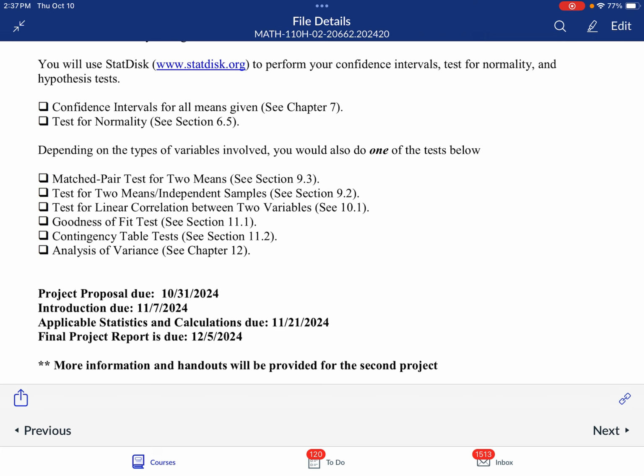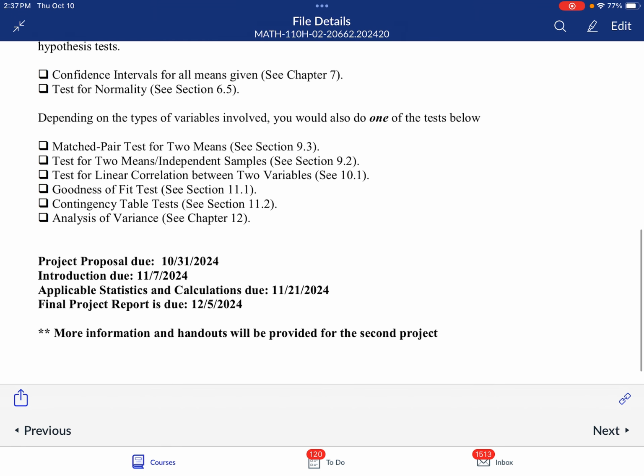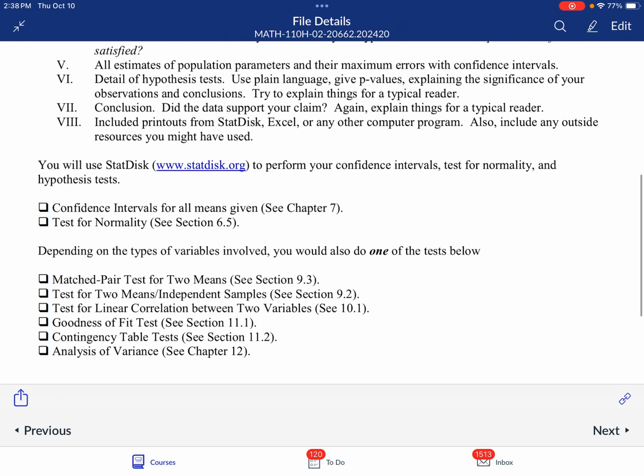And so we either have matched pairs test for two means, test for two means independent samples, test for linear correlation, goodness of fit test, contingency tables test, and ANOVA. And all of those chapters and sections where they are covered are listed here. So you can go back and look either at the book, or you can look at your class notes for reference. There is also a list of all the due dates given below.